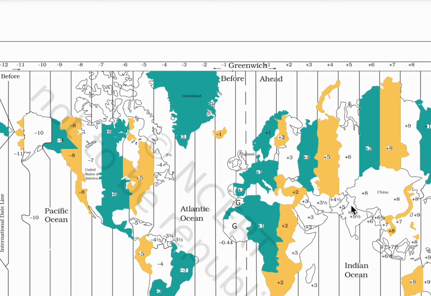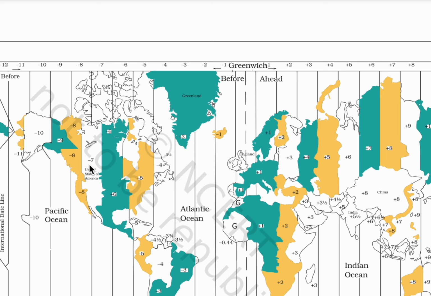You can see here +5.5. So if it is 12 in the afternoon in Greenwich, then it will be 5:30 p.m. in the evening in India. And the USA lies to the west of Greenwich. Here you can see -7 is mentioned. So the time will be early morning 5 o'clock. Now the concept of calculating time based on this map is clear.